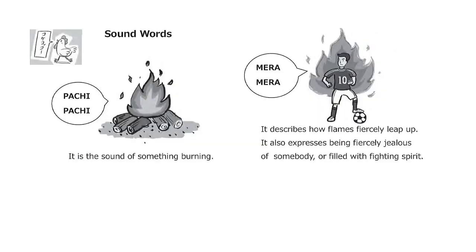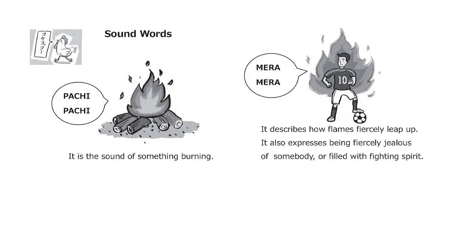Next up is our corner for sound words, where we introduce words that simulate sounds, noises, or behaviors. Seems like someone's making a bonfire. In Japanese, we express the sound of something burning like this. パチパチ。 Pachi-pachi.